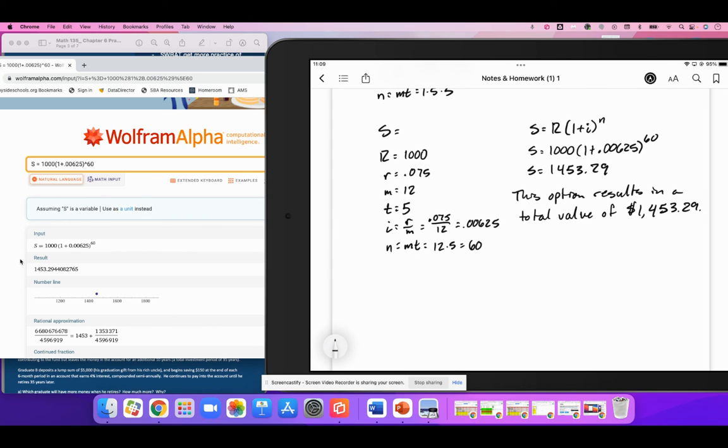So the 8% option compounded annually is the better deal.